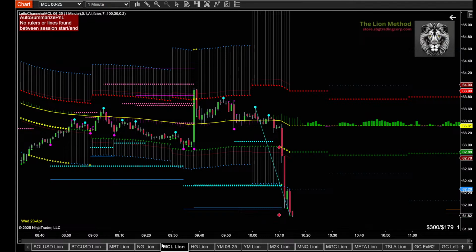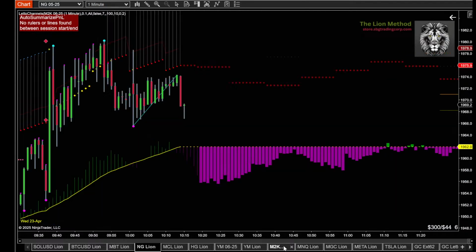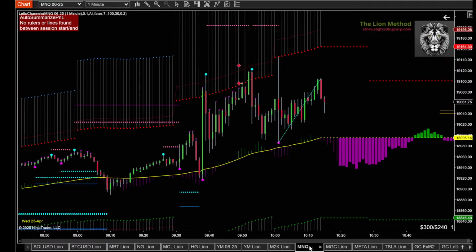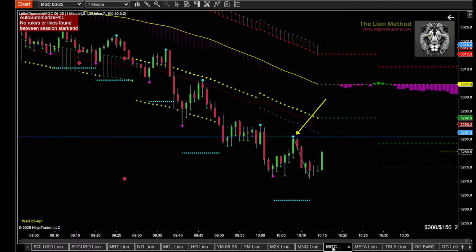Definitely oversold in crude. Nat gas is flat today. Here's our Russell. All right, gold is getting interesting.